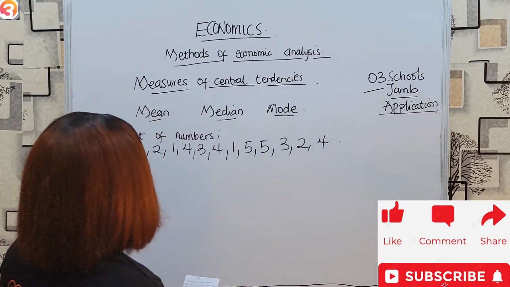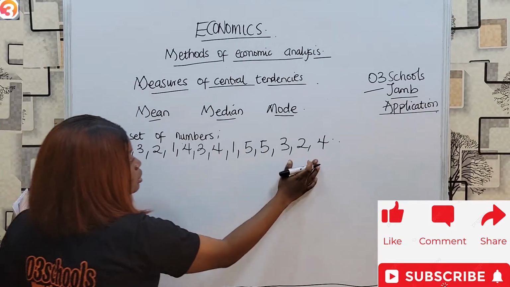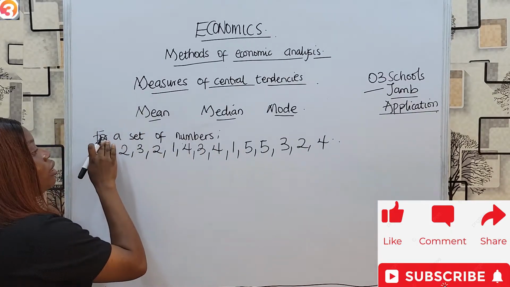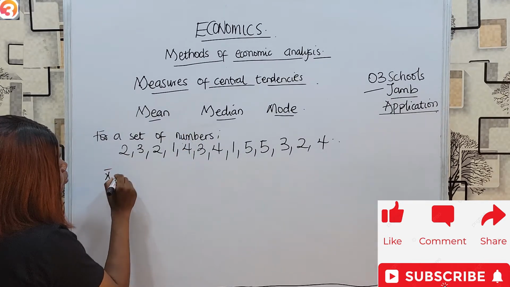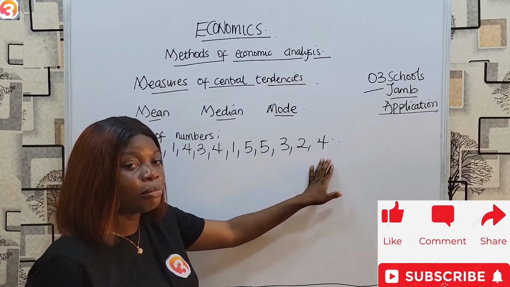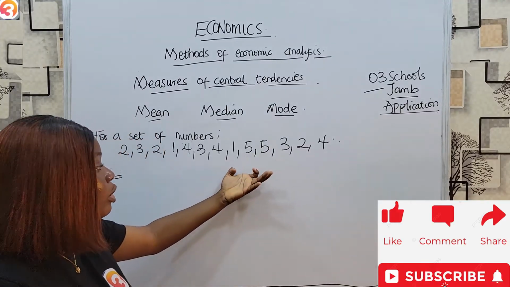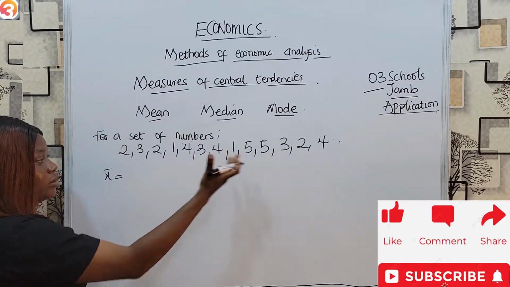It said find the mean. This is the set of numbers. When we are talking about mean here, x̄ is simply the sum of all these numbers divided by the total numbers that will appear.